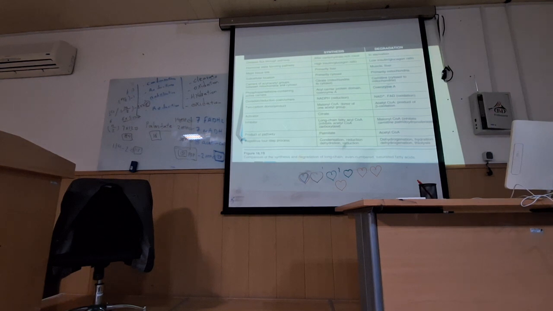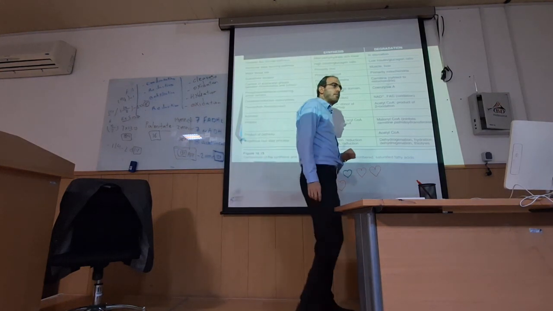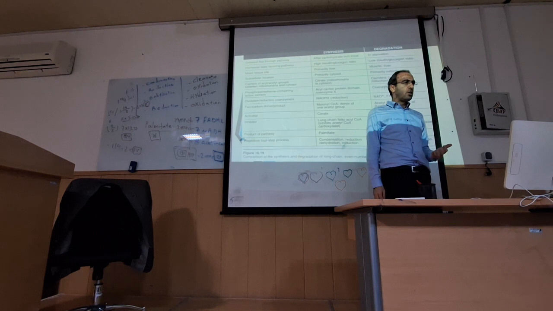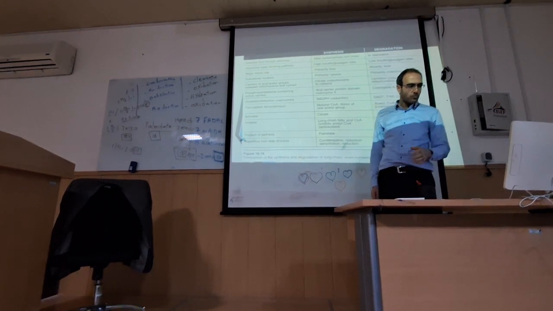But if we have an odd chain, like 17, like 15, and also if we have an unsaturated fatty acid, what is your answer related to product and the amount of energy production? What do you think? Degradation obviously gives energy, synthesis uses energy. Unsaturated: degradation, yes; synthesis, no, it takes energy.